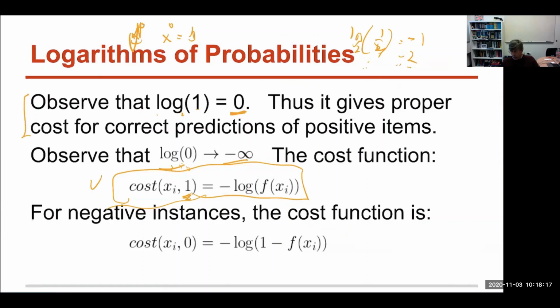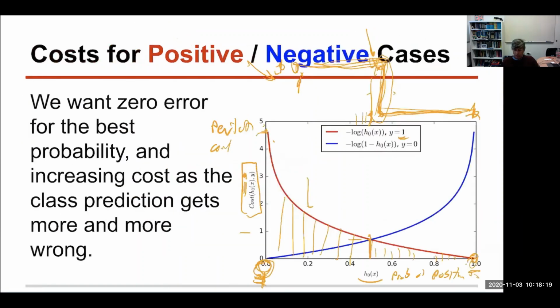If we want the cost function for negative examples, what we've got to do is basically just reflect this function. If we now have a negative example, we want to pay an infinite cost for having a high probability of it being positive, and we would like to pay 0 penalty if it was a negative example and we said the probability of being positive was 0.